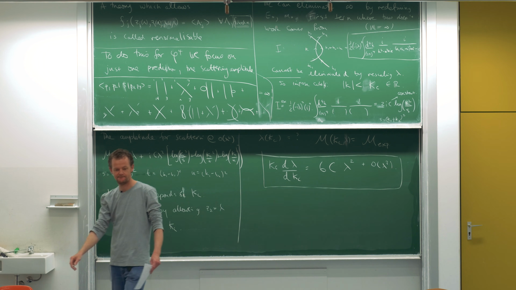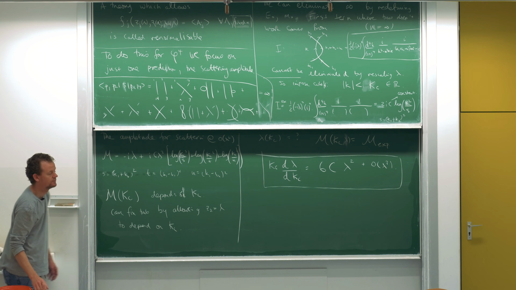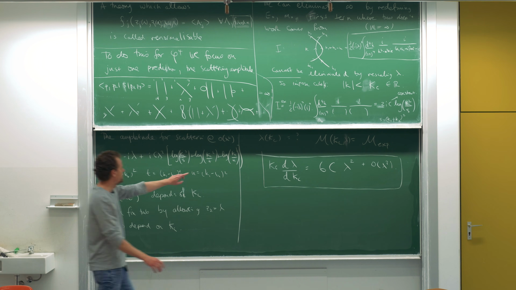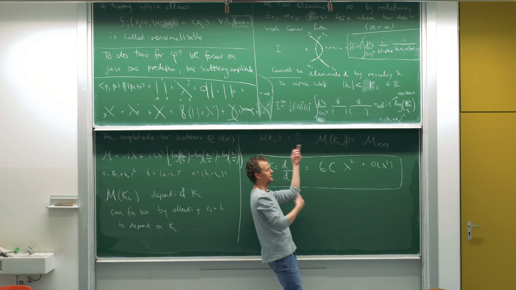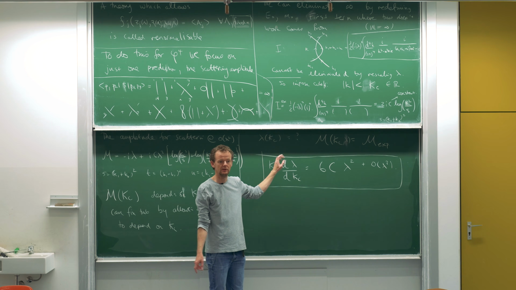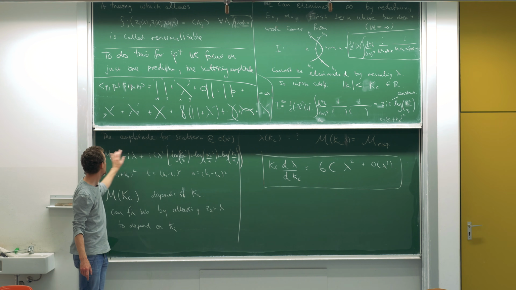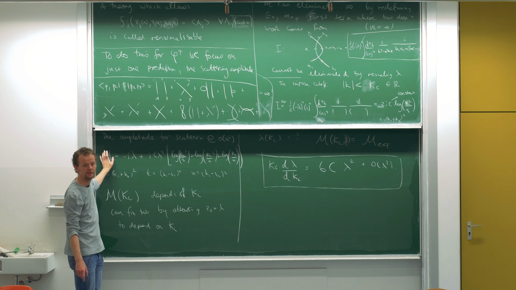We can actually do it. So as long as lambda depends on K_C in a way that solves this differential equation here, then it's possible to adjust lambda here to always be matching the experimental value for the scattering amplitude.